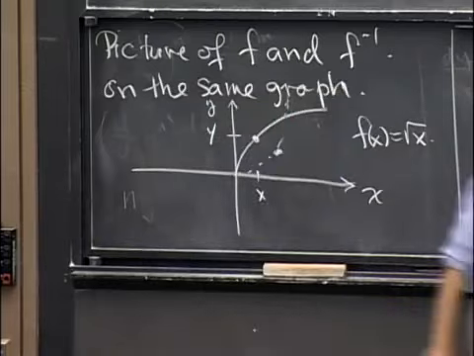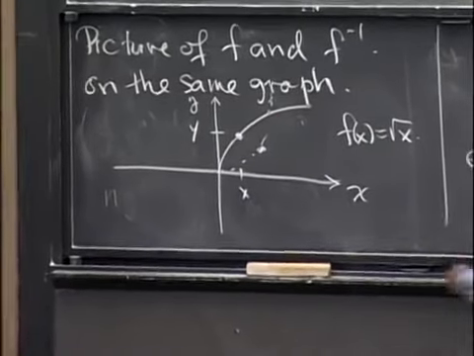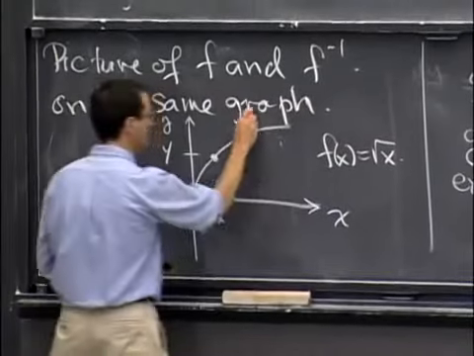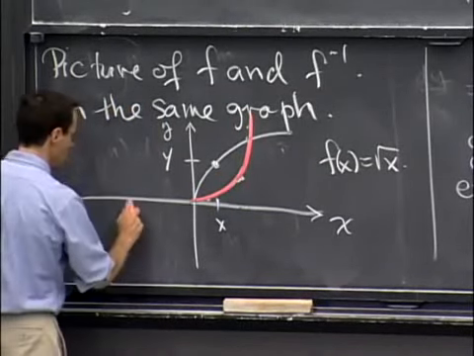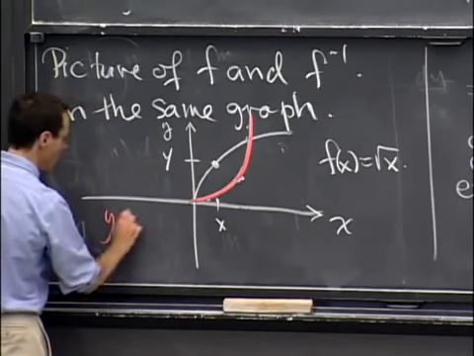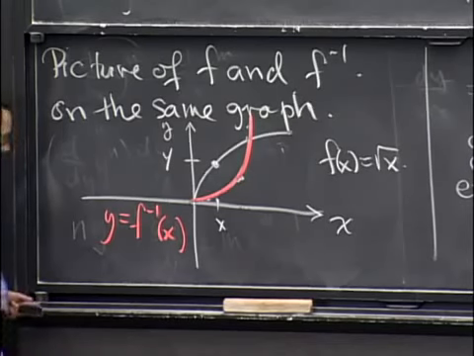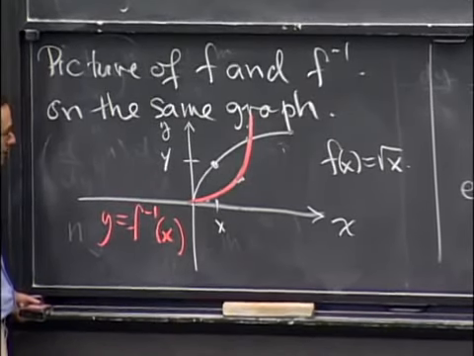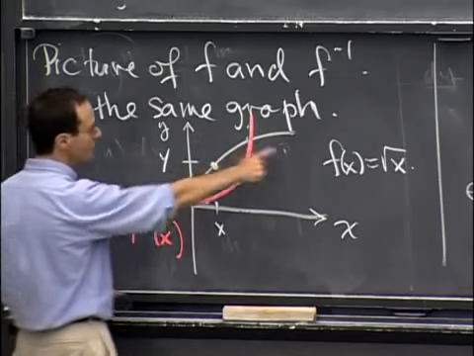Maybe I'll draw it with a colored piece of chalk here. All right. So this guy here is y equals f inverse of x. And indeed, if you look at these graphs, this one is the square root.